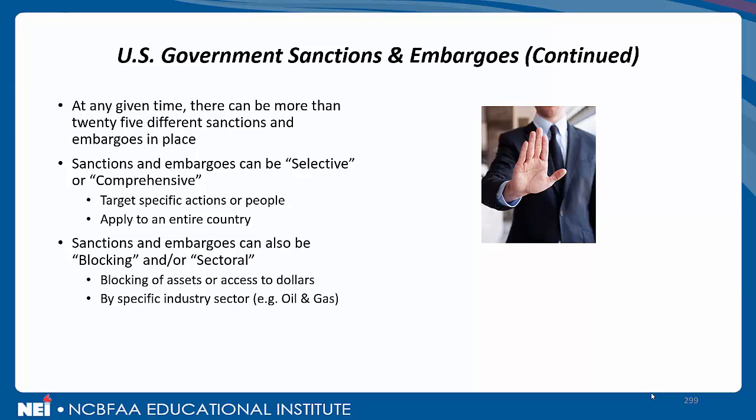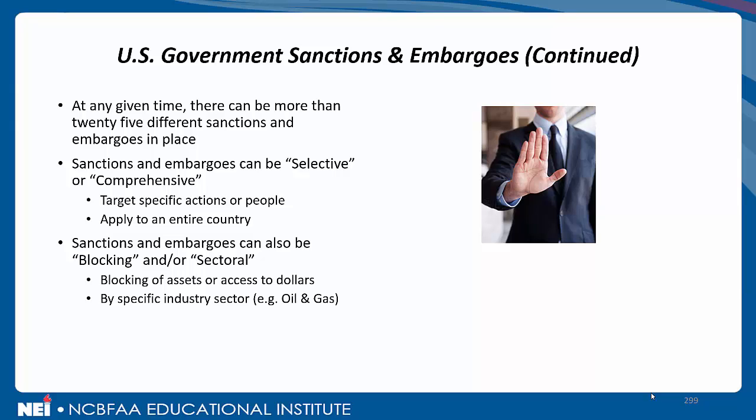An important point to make in our second bullet point, and we'll see some examples of this forthcoming. Sanctions and embargoes can be selective or comprehensive. Selective meaning could be against certain aspects of a country, certain individuals or organizations in a country. It's a selective thing.